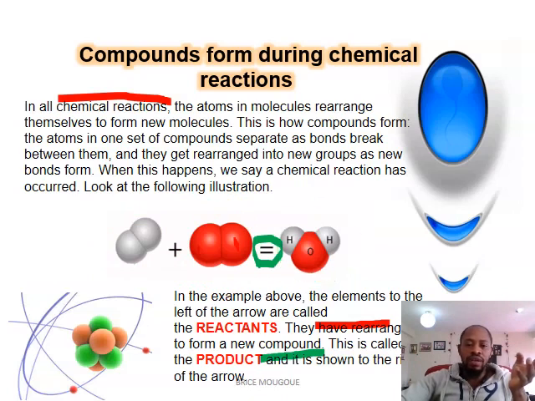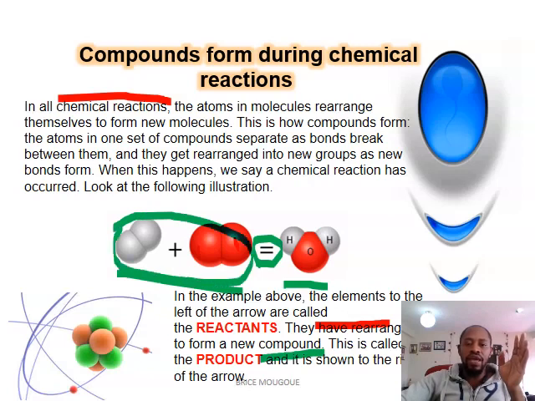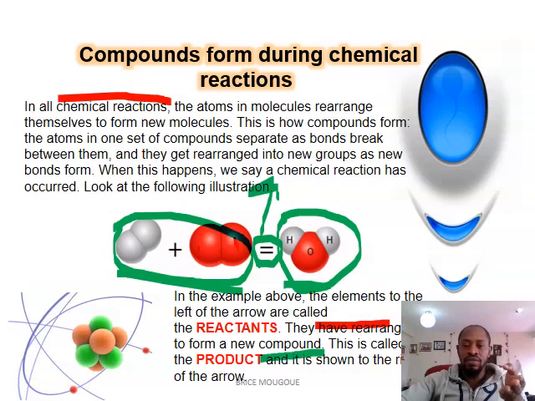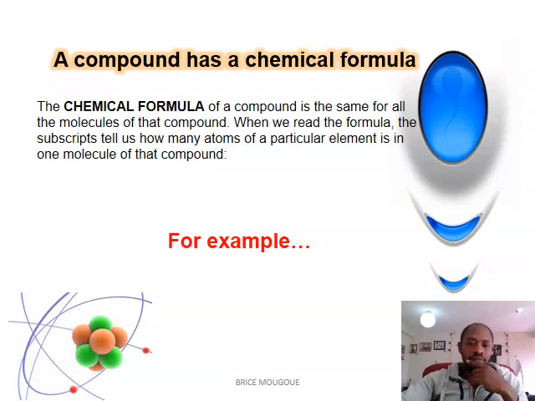We have reactants and products. Bonds in the reactants are broken and rearranged in the intermediate state to form new bonds in the product, otherwise the compound.